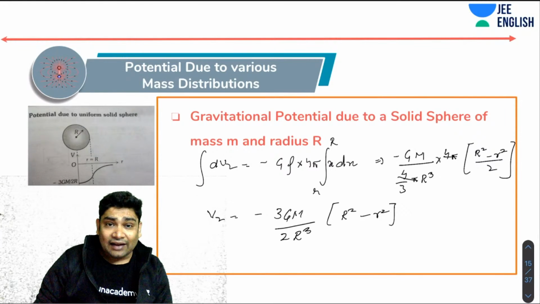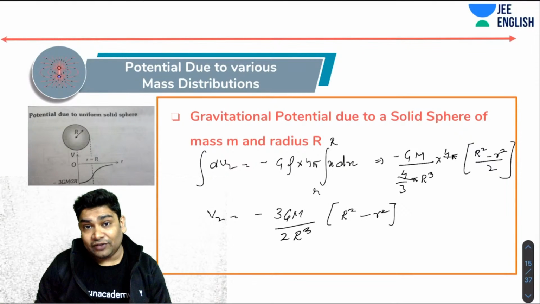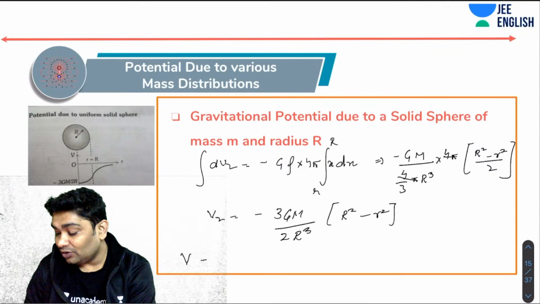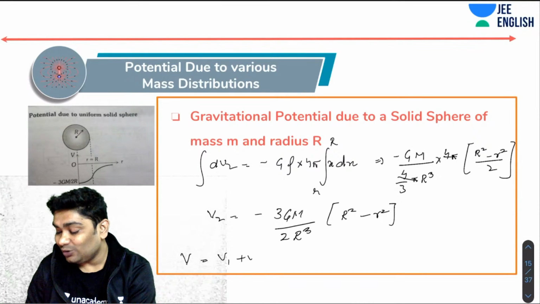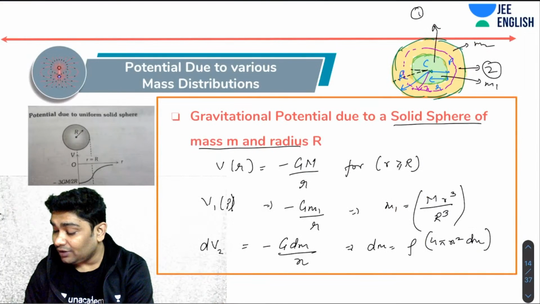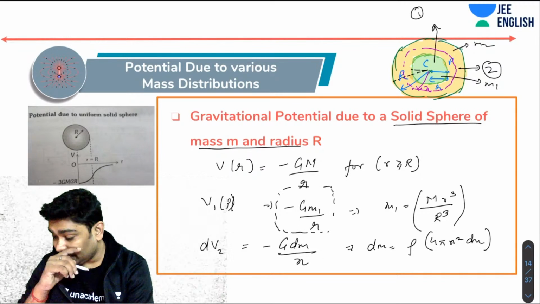So now that I have calculated the potential due to both the parts, the total potential would be the sum of V1 and V2. Great. So V would be equal to V1 plus V2. Let's see how much that comes to. So V1 I already knew was this one. Okay, so let's just substitute the value of this.